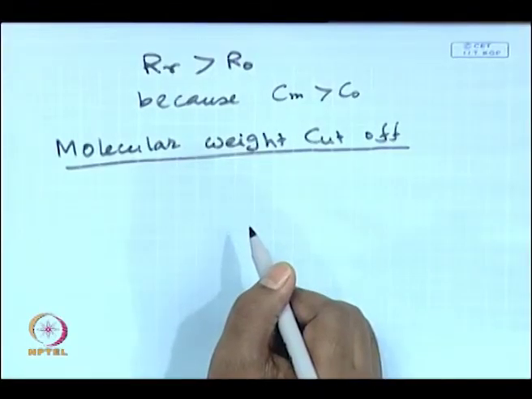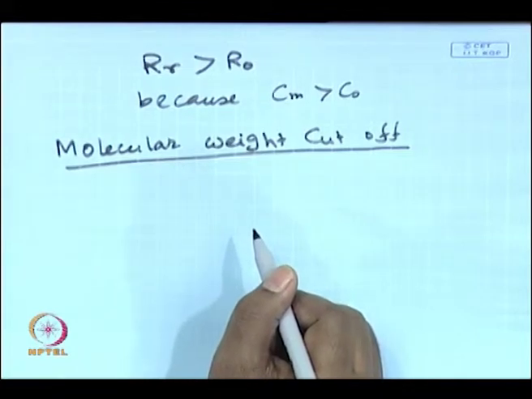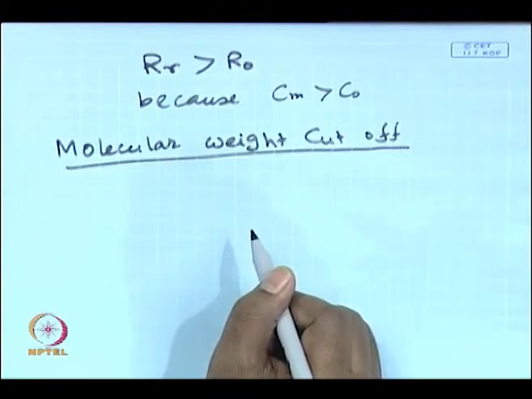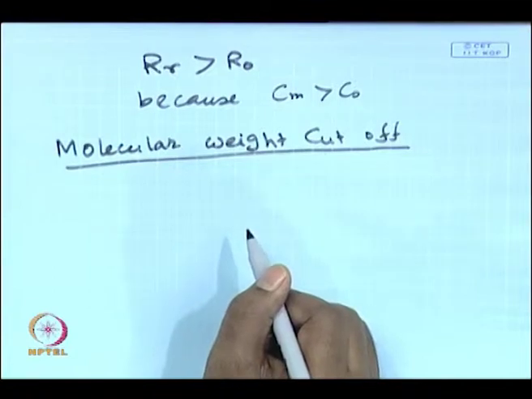Now, the easiest way, suppose you are going to develop some membrane in a laboratory and try to characterize what the cutoff of the membrane is, what the rough pore size of the membrane is, the way to define it is molecular weight cutoff.